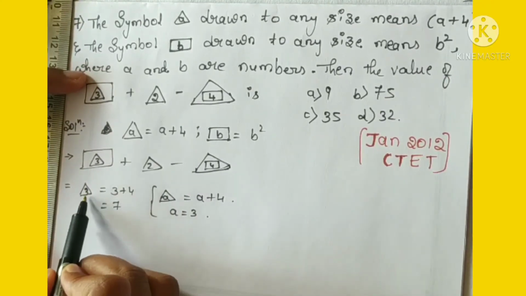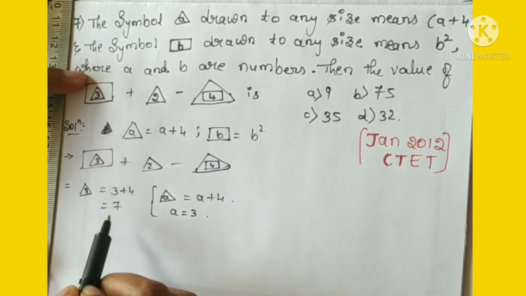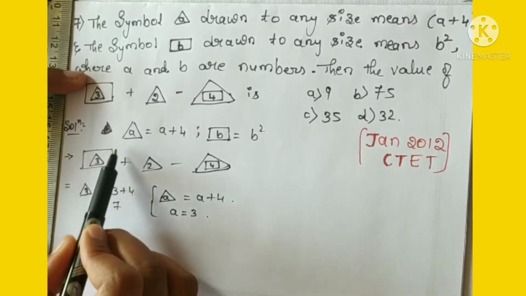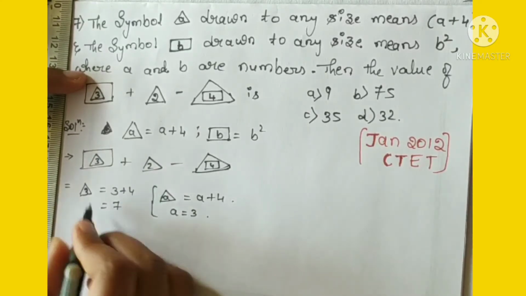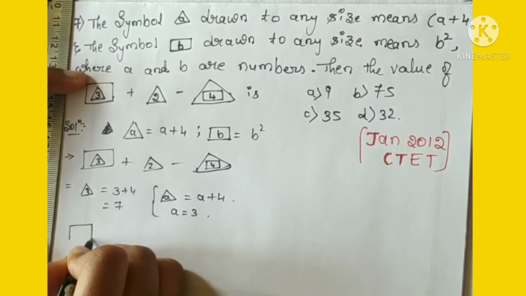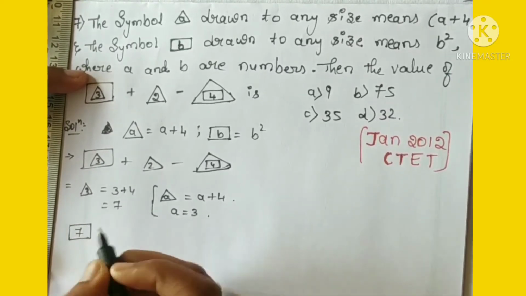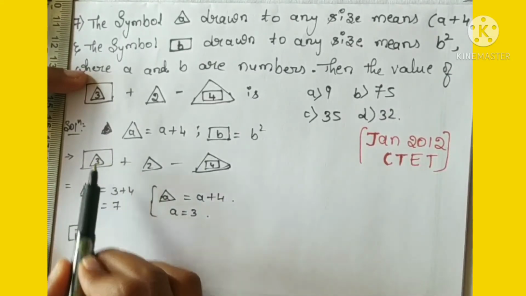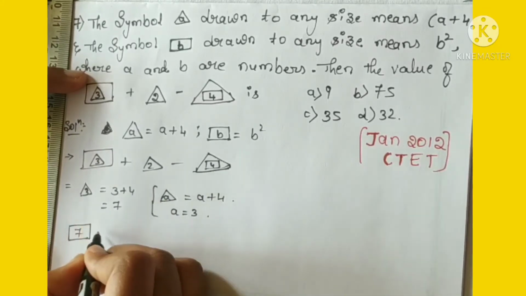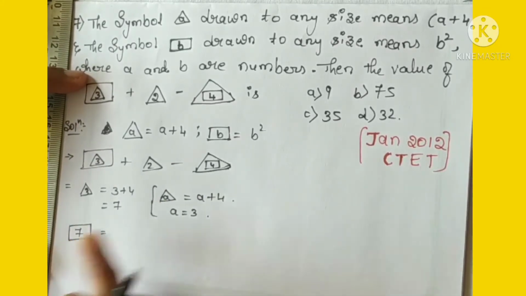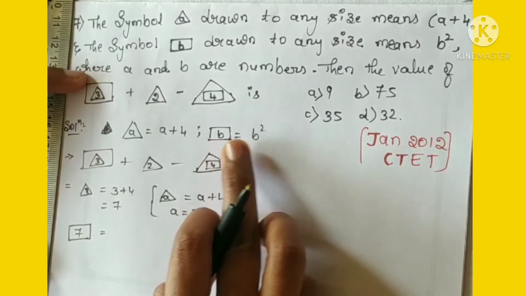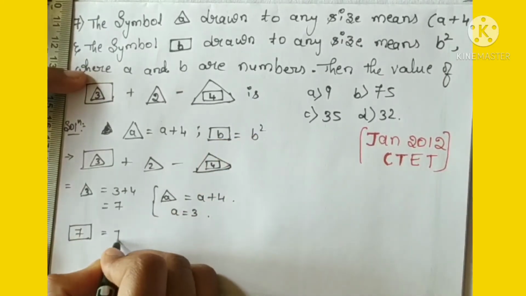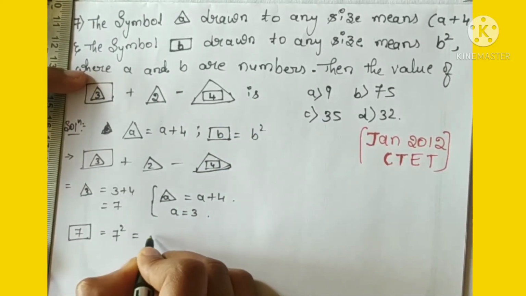Its value is 7. Now I will solve for this rectangle shape, that is rectangle 7. I just replace the value of triangle 3 as 7. Now I just apply the rule, rectangle B is equal to B square, that is 7 square, which is equal to 49.